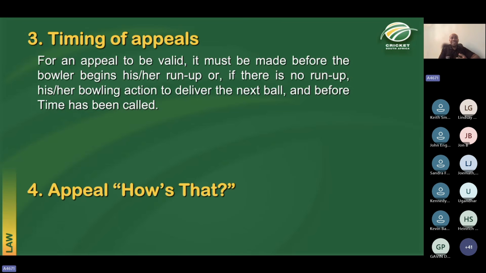That is quite a rare scenario. I've never seen it happen. But according to law, yes, the over had ended, but it was not the end of the session. So I didn't call over, time and lunch. I just called over. I went to my position for the start of the next over at square leg. The square leg fielder asked me, how was that? The window period for that appeal is still open.